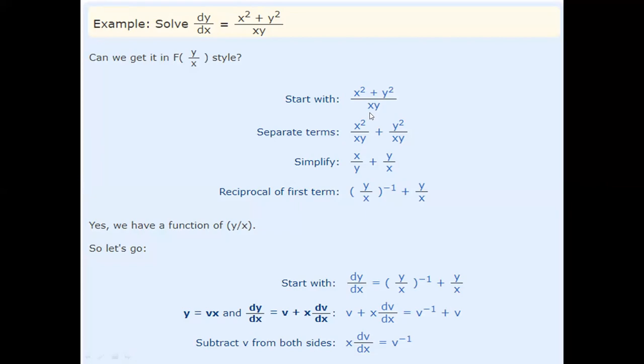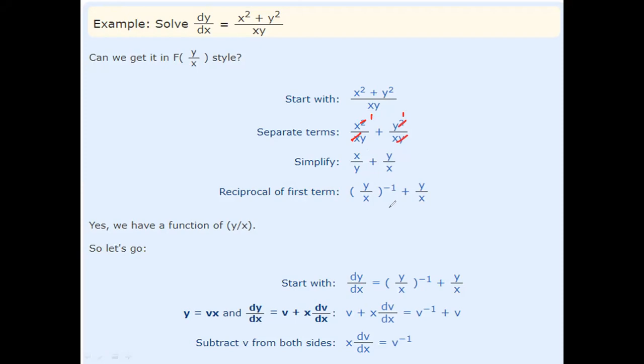In the process, using your algebra, the numerator is left with an x, the denominator is left with a y. Why is that? Because we get one x here, so this is only one now. Same thing here: we get the y in the denominator and this becomes 1. So now you have an expression which is x over y plus y over x.